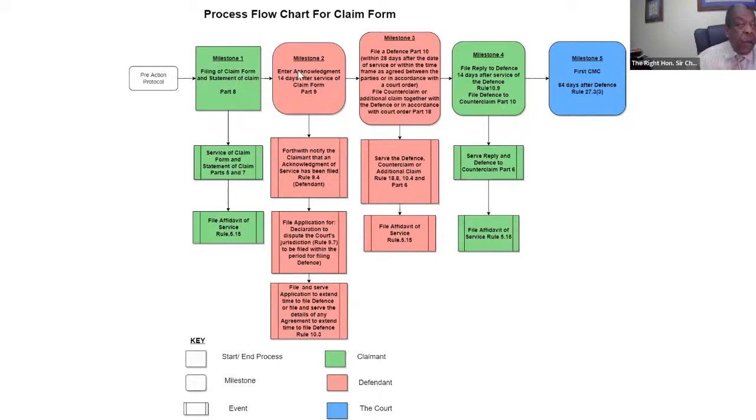The second milestone is the entry of acknowledgement, which takes place 14 days after the service of the claim form. And that involves further action. You notify the claimant, you file an application with a declaration of disputes, and you file and serve the application to extend if necessary. The third milestone is the defense, which must be filed within 28 days of the service of the claim form. And you can file a counterclaim if you want at that time.